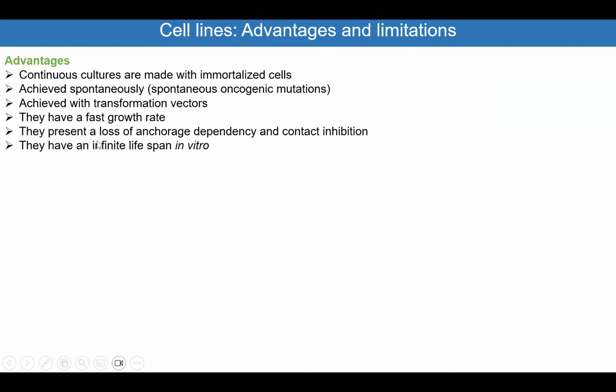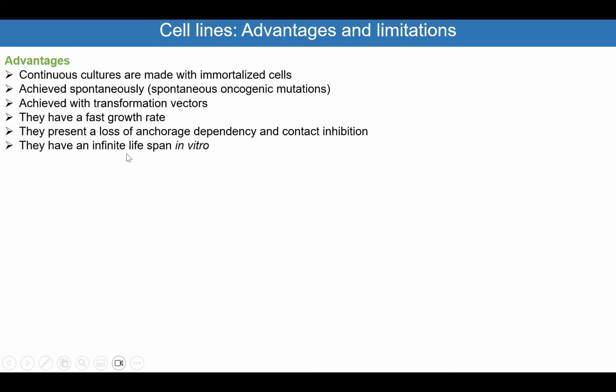They also present loss of anchorage dependency and contact inhibition. With the way we culture them, you are able to grow them on culture dishes and see their confluency, and you can separate them before they become very confluent and their growth is inhibited by contact.